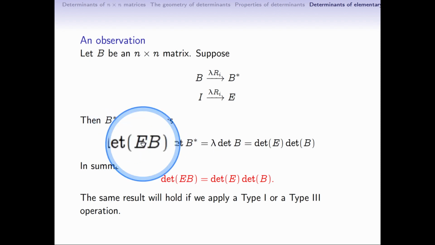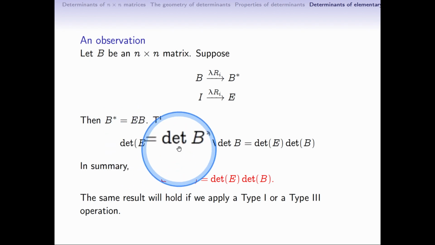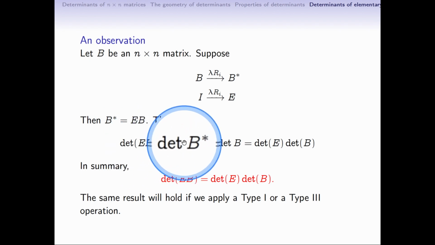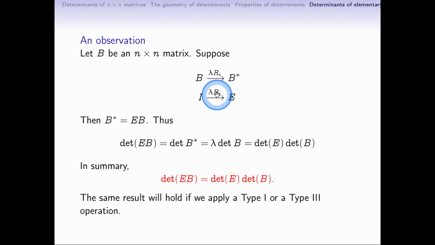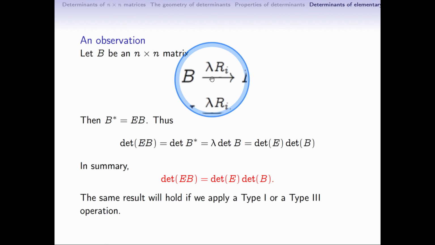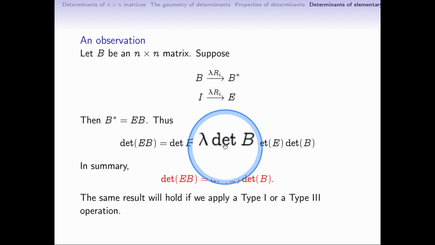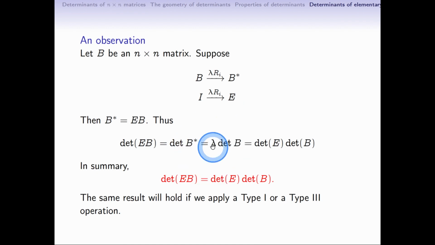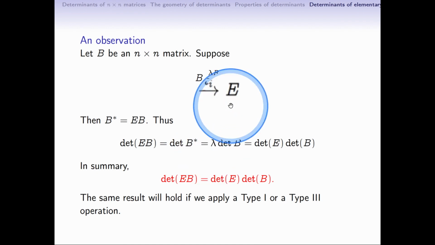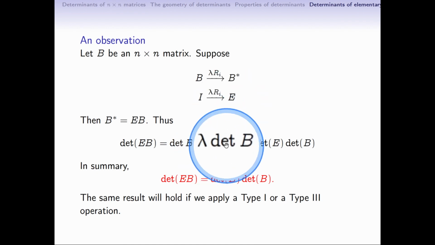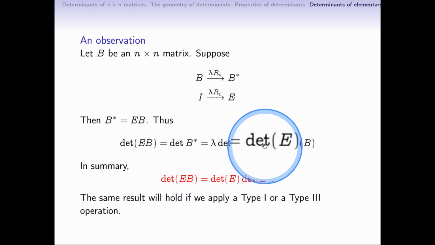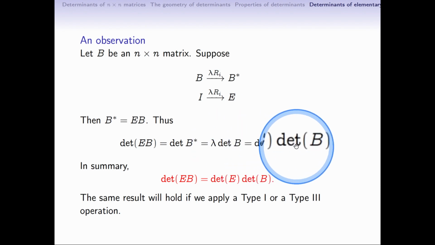On the other hand, theorem 4.3 says because B star came about from the matrix B by this type 2 operation, we know that the determinant of B star is just lambda times the determinant of B. On the other hand, our previous result says that lambda is the determinant of E, and so I can say that lambda times the determinant of B is the determinant of E times the determinant of B.